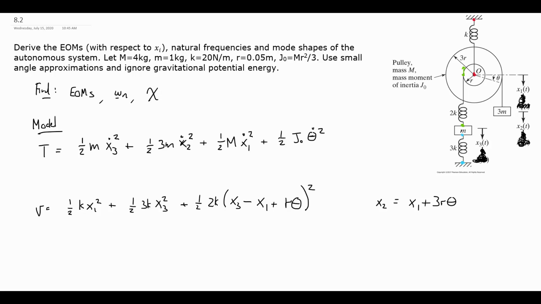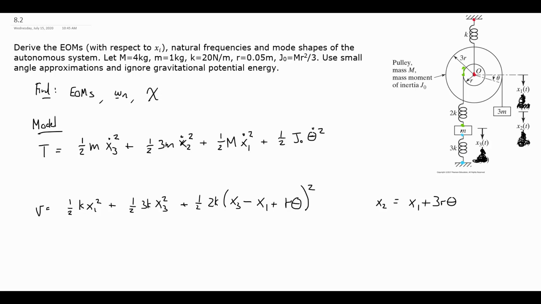So we can say it's x1 plus 3r theta. And this is accounting for the x1 term being the pure translation of the pulley and the theta being the pure rotation of the pulley. And we can superimpose them together and we know exactly how x2 is behaving.